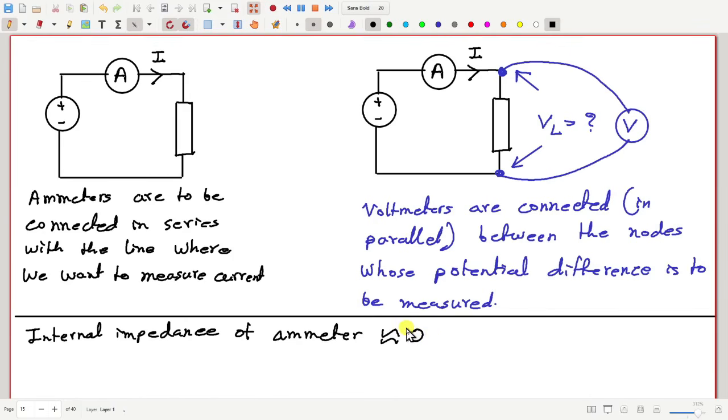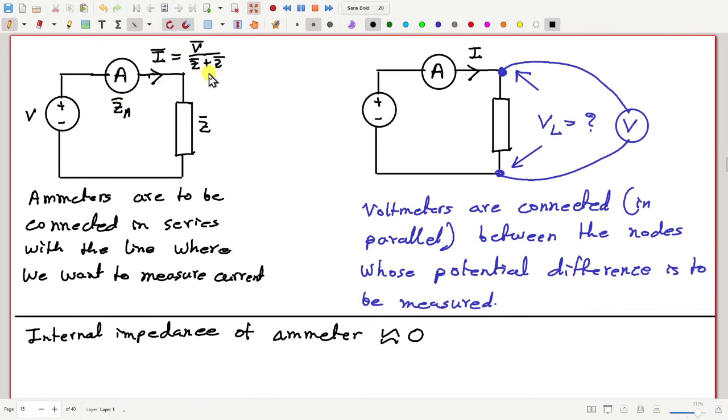Why do we need this to be 0? What will happen if it is not 0? It will not show the true current. Suppose I had this circuit originally and I wanted to measure the current. Suppose this is Z, this is V. Then I equals V by Z. Now if I insert the ammeter, and if the ammeter also has some impedance, call it ZA, then this current will become V by (Z plus ZA).